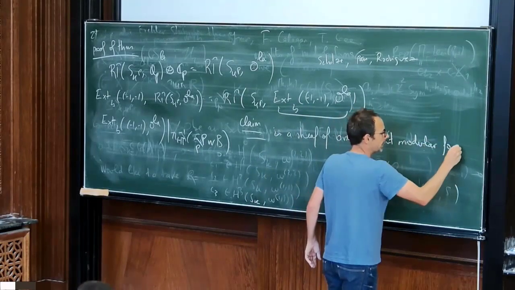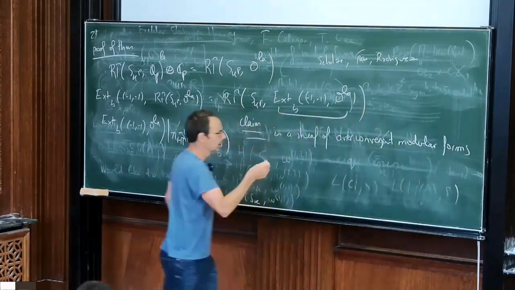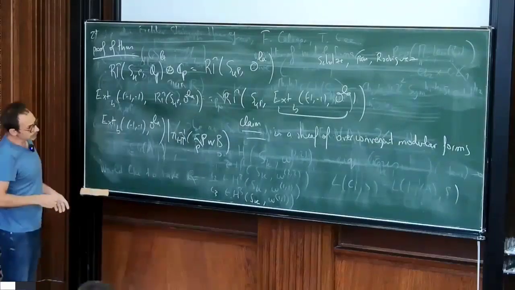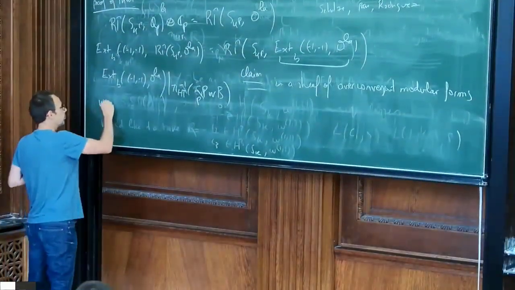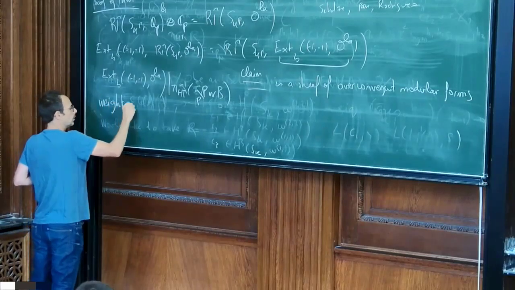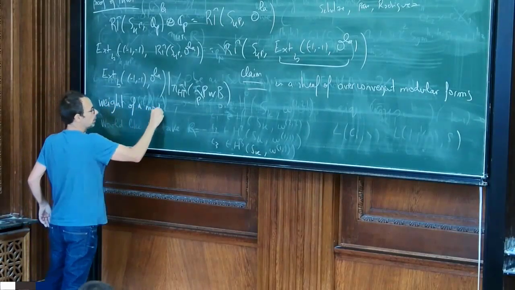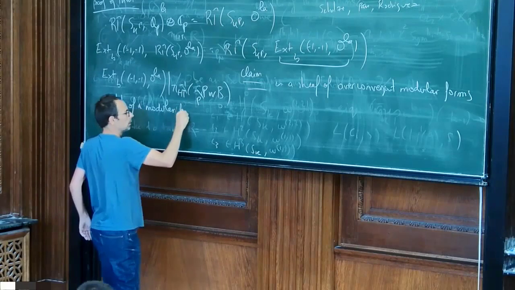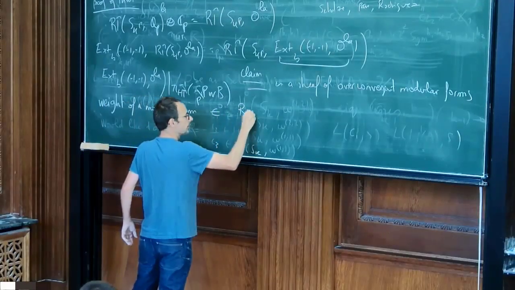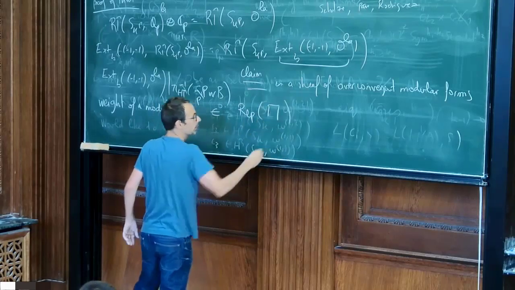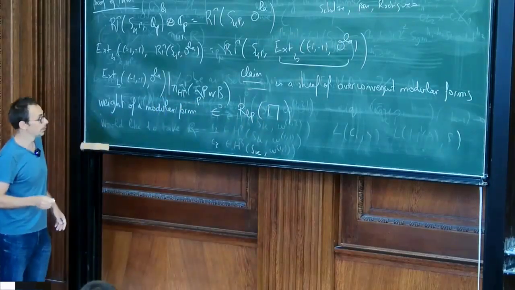Okay, and let me develop a bit on this. If you remember the weight of a modular form, this is some finite dimensional representation of M, the Levi of P mu.